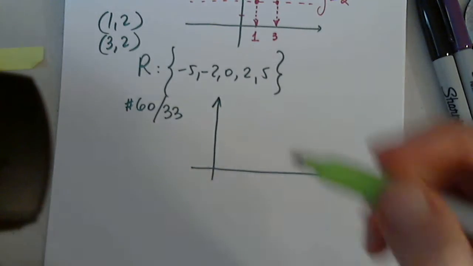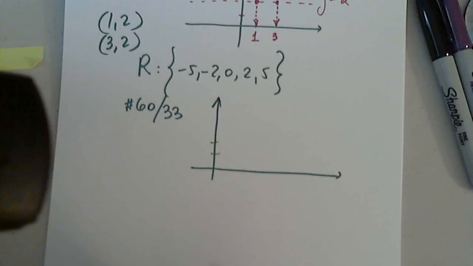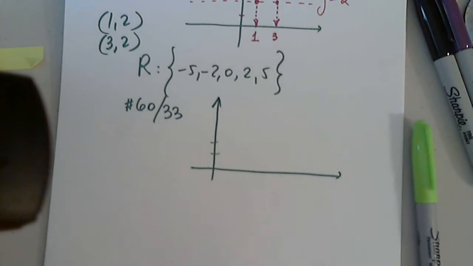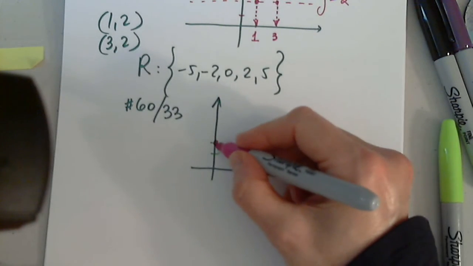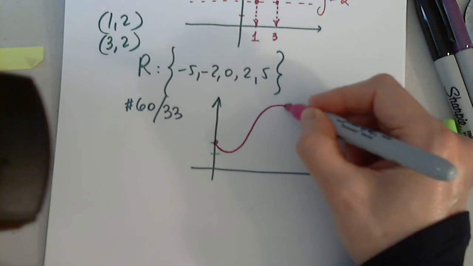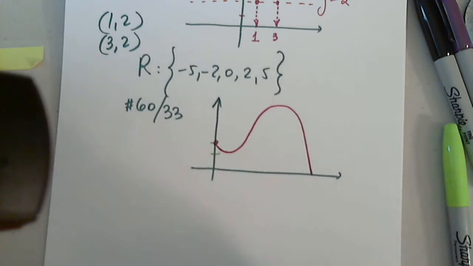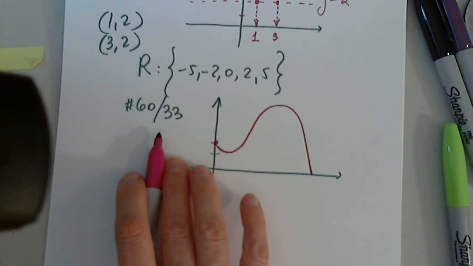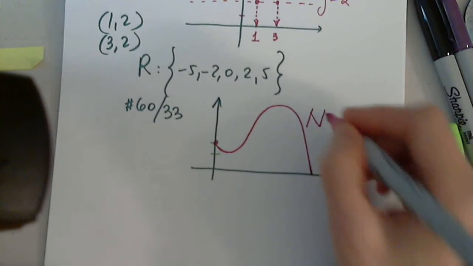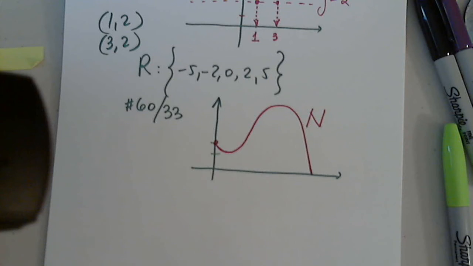Okay, something like this. Let me use different colors, sorry. So something like this. My graph is far from being exact. So this is the graph on problem 60, page 33. And they're giving us the, yes? Sorry to interrupt, but would it be helpful if you had one of the students who can see the textbook share their screen, maybe?